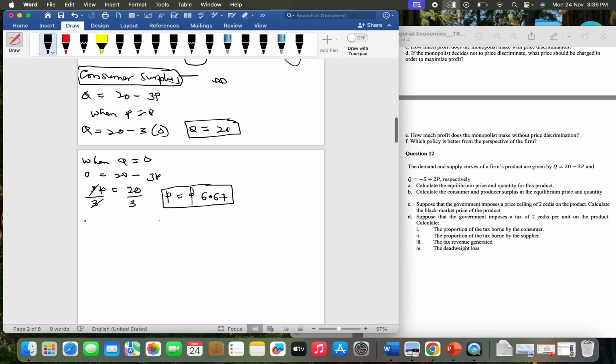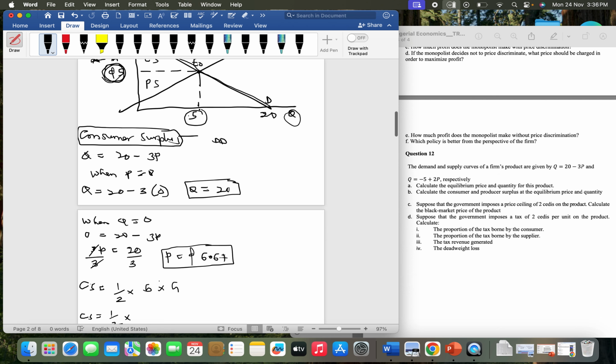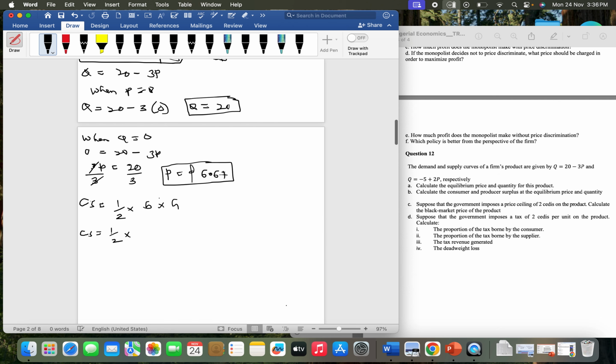So consumer surplus gives us half times base times height. Base is always the equilibrium quantity, which is 5.